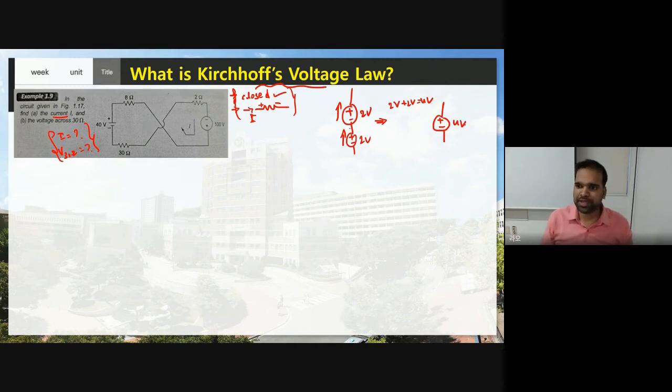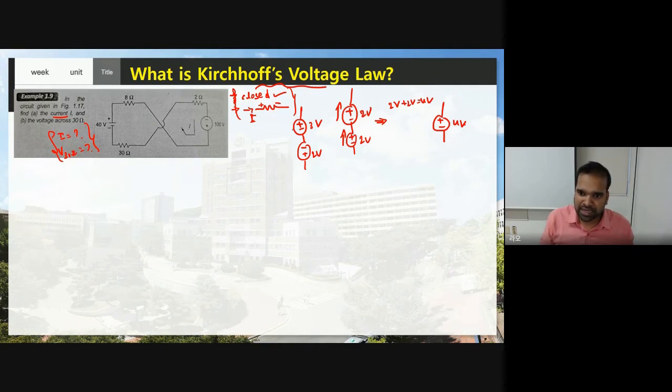Now for example, here are two voltage sources. This is my first voltage source, 3 volts, and this is my second voltage source, 2 volts. Now do I need to add these two voltage sources or subtract? If I subtract, what would be the resultant voltage source and direction?